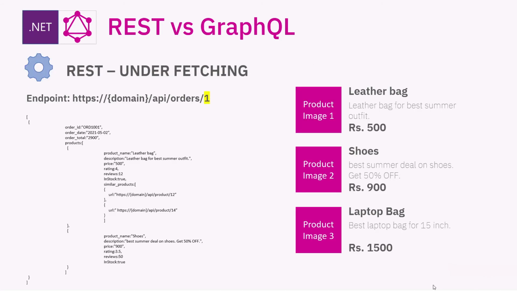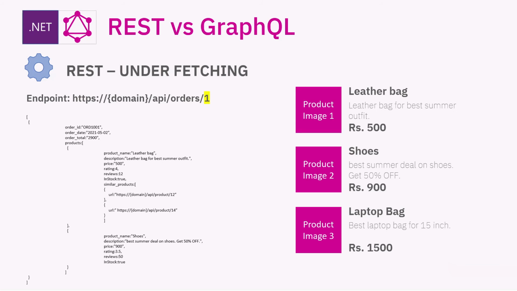Now what is underfetching? In underfetching you can see my endpoint is asking for order information having record number 1. So I am getting the order details: order ID, order date, order total and product information. In the product information we have an option of similar products.